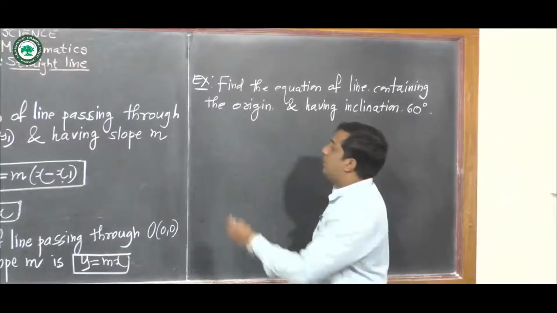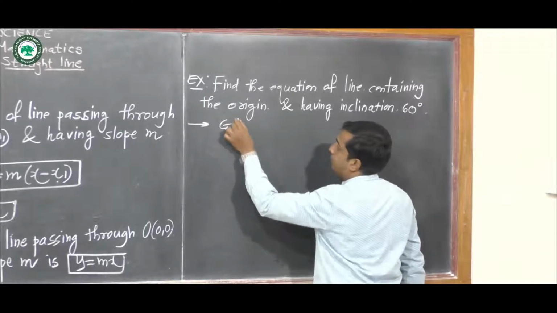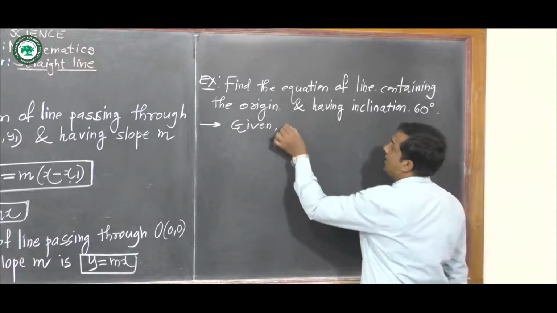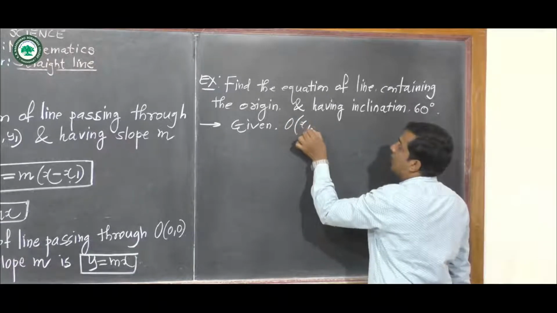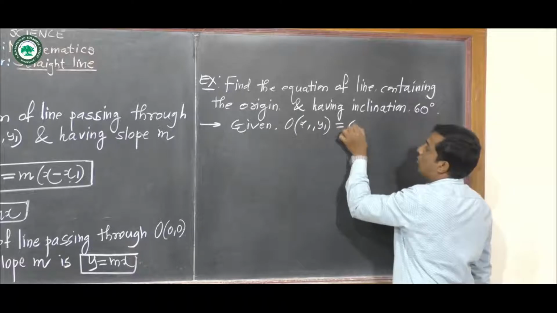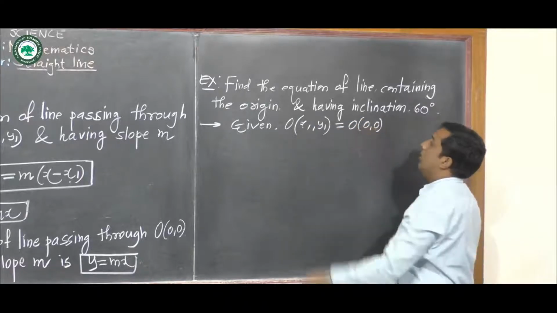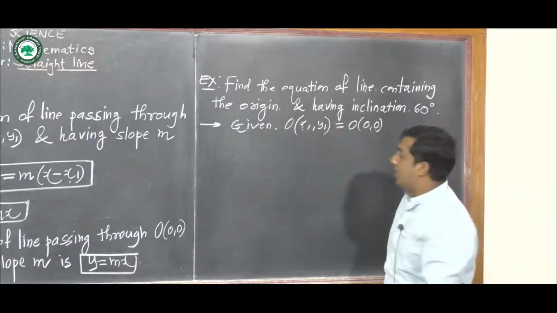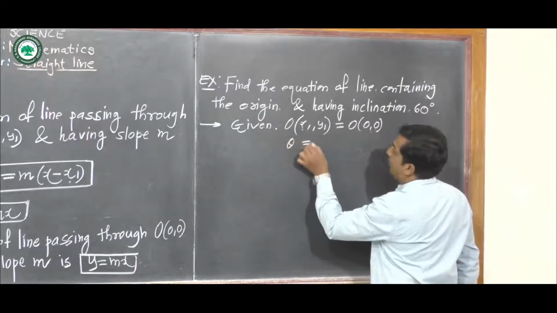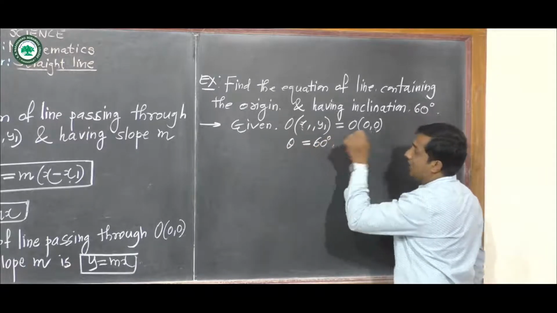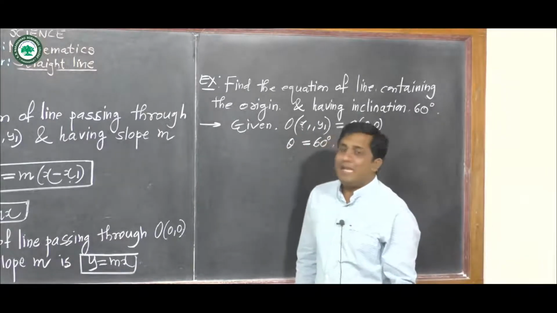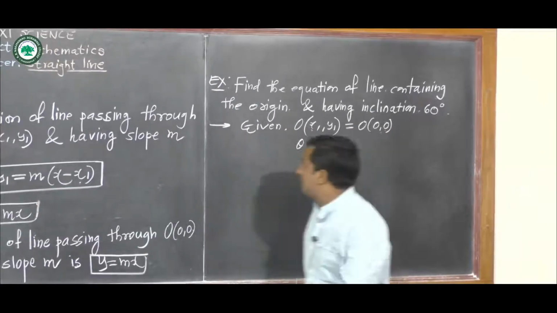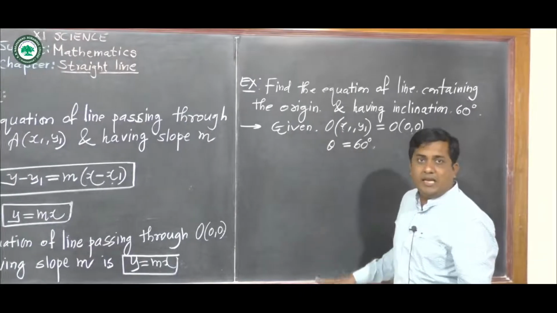Let's define the given things first. Given, one point is given, our line passes through the origin. So O of x1, y1 is equal to O of 0, 0, that is, x1 is 0 and y1 is 0. Also the inclination is given, suppose theta is equal to 60 degree. Now to find the equation, firstly we have to find the slope of the given line, and for this the inclination theta, that is 60 degree, is given.